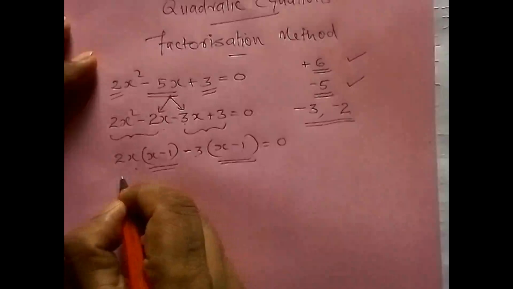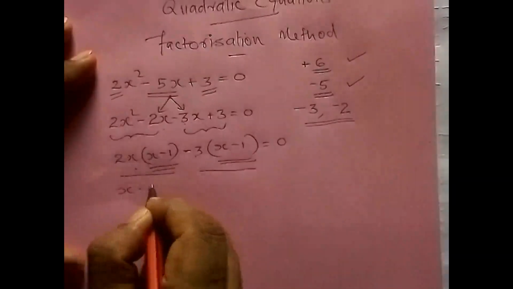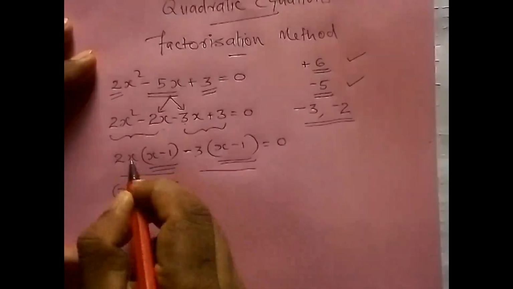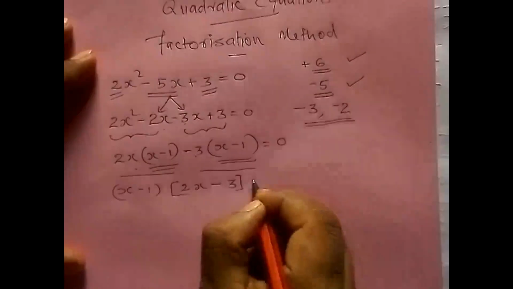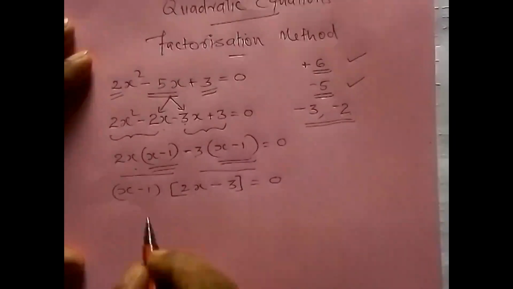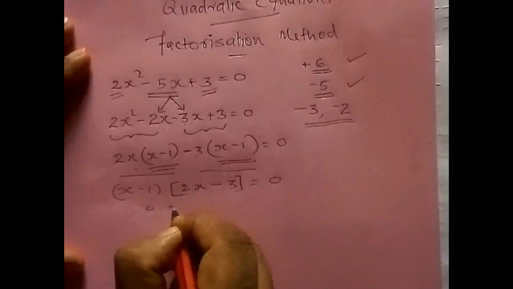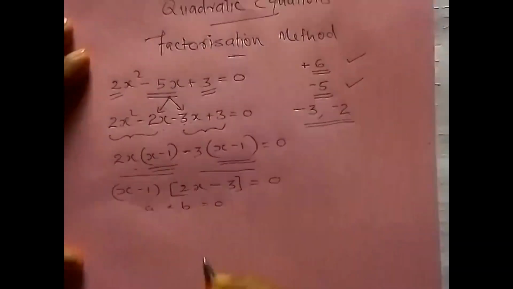Now from these two terms we can take x minus 1 outside, so that inside the bracket 2x will come and here minus 3 will come, equal to 0. Now this is of the form a into b equal to 0.